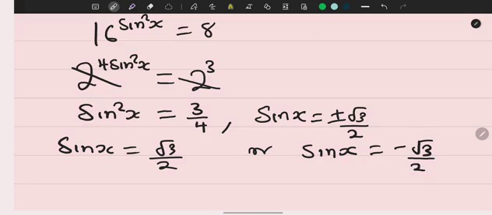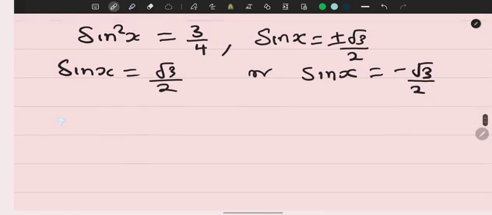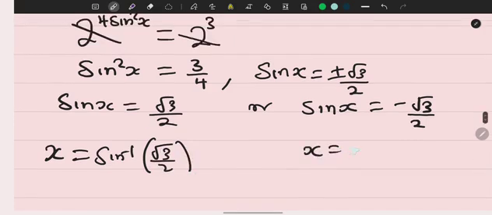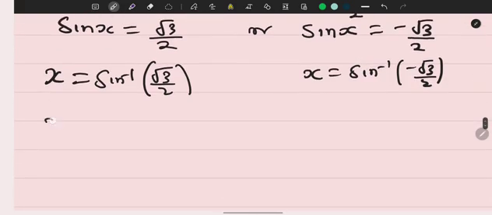So we do the same thing for this. We find the inverse of that. So x equals sine inverse of root 3 over 2, and x here is sine inverse of minus root 3 over 2. Okay, so sine inverse of root 3 over 2, that should be 60 degrees.